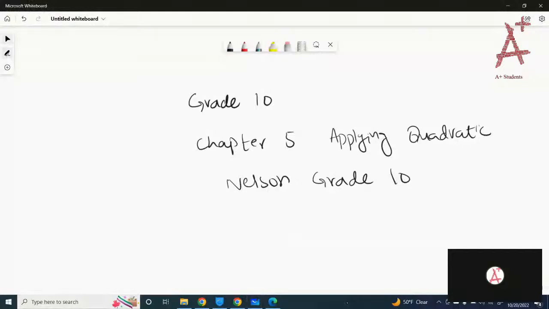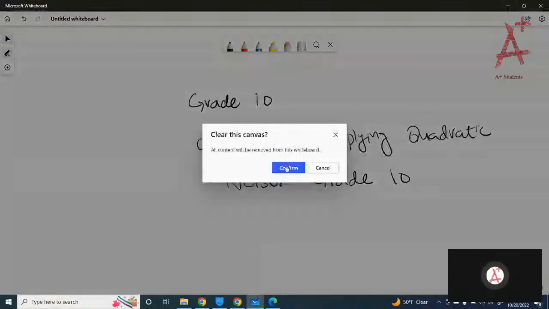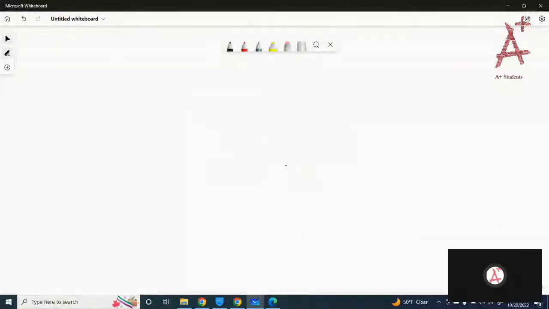Let's start with chapter 5, and lesson 1 is stretching/reflecting quadratic relations, page 250 from the book. So it is stretching slash reflecting quadratics.